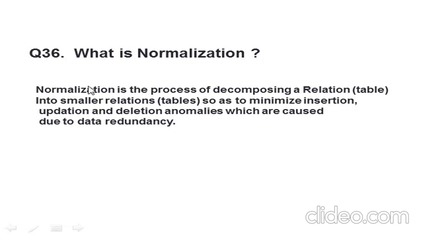So what is normalization? This is the definition of normalization. Normalization is the process of decomposing a relation. A relation is also called a table, right? So normalization is the process of decomposing a relation into smaller relations or smaller tables, so as to minimize insertion, updation, and deletion anomalies which are caused due to data redundancy.